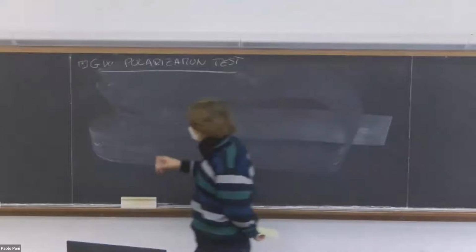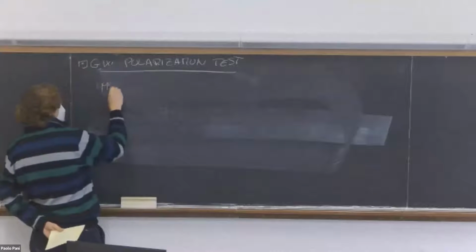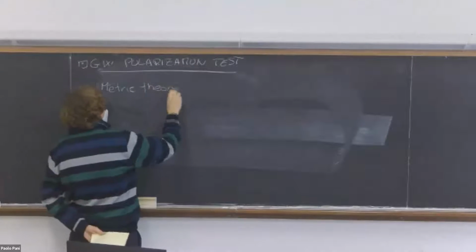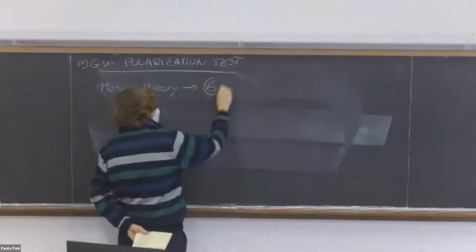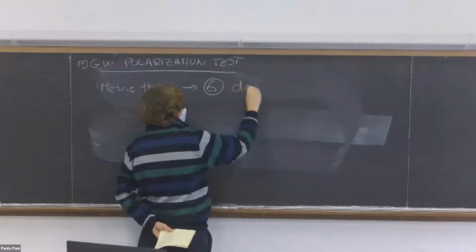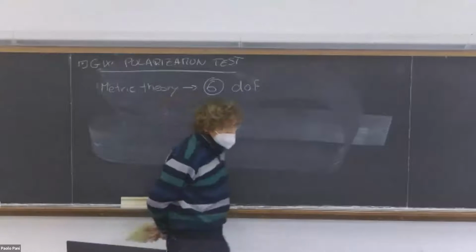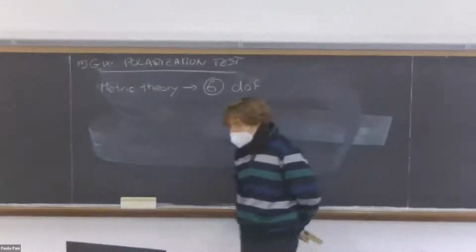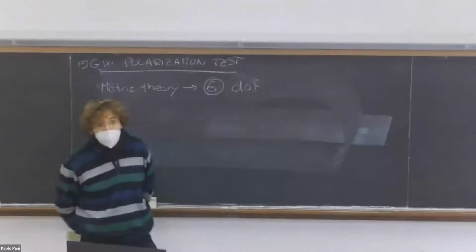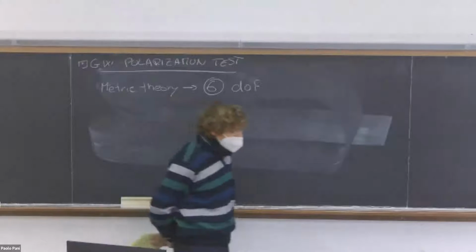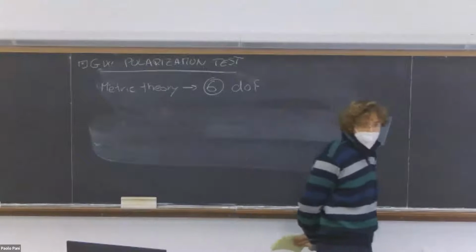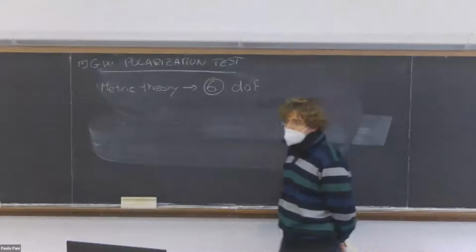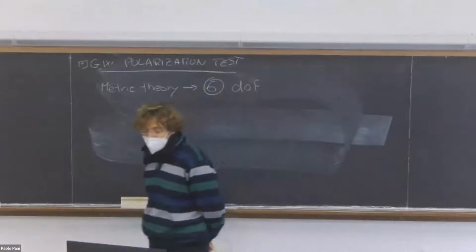But in fact, for a generic metric theory of gravity, there are in total 6 degrees of freedom. So 6 polarizations that a gravitational wave can have, 2 scalar and 2 vector modes, which would add to the spin 2 polarizations that exist in GR. And depending on the theories, these 6 degrees of freedom can actually be fewer. So this is the maximum value.